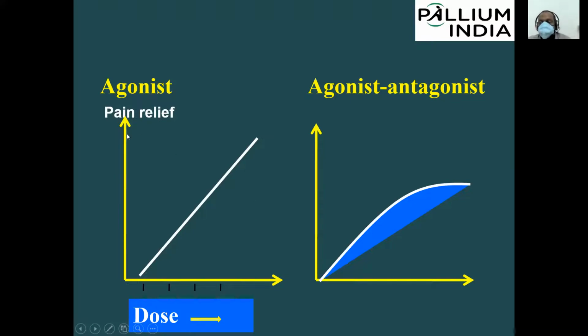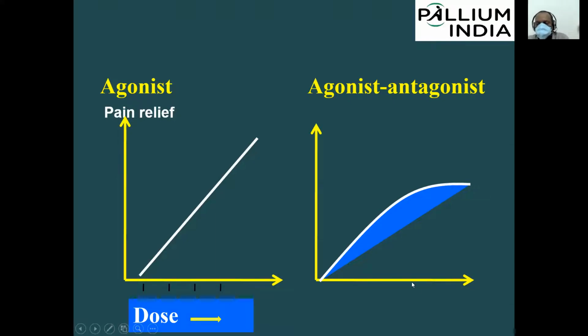So as the dose of agonist is increased, you will get corresponding pain relief. 100% is pain relief theoretically. But in case of agonist and agonist, please look at the graph. What happens after a certain dose? You can see the dose up to which you will get pain relief. But after that, even if you increase the dose, you can see the curve is plateauing, it flattens.